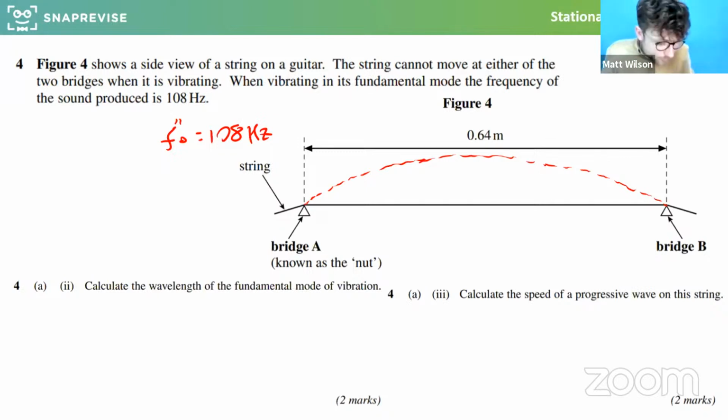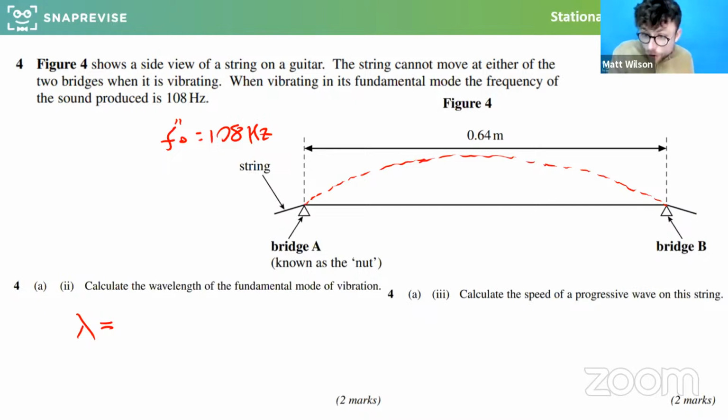What is the wavelength of the first harmonic? So a hint here is that it looks like we've fitted half a wave onto this string.